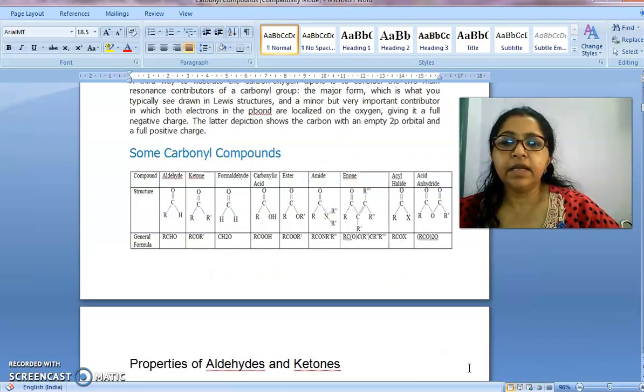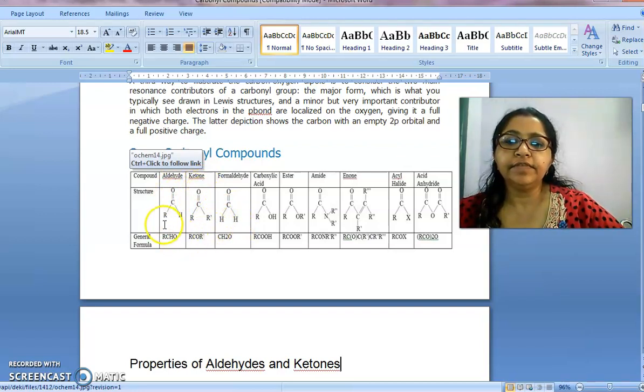There are several compounds which have such a group, C double bond O. First, it is aldehyde and ketone. Then, if R is replaced by H, we call it formaldehyde, or methanal. Carboxylic acids also have the C double bond O group along with an OH group, then ester, amides, enones.